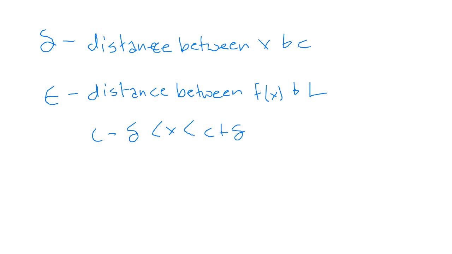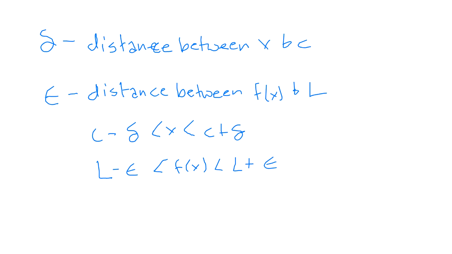And like I said, we can think about the same way for our epsilon, where we have L minus epsilon less than f of x, which is less than L plus epsilon. So let's think about what this means as a graph.